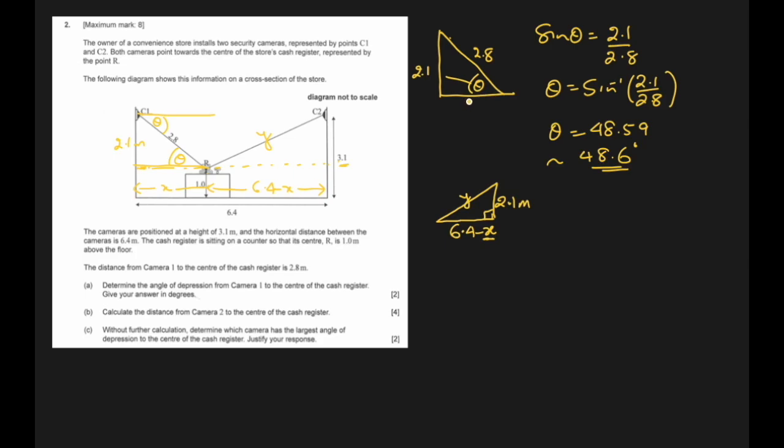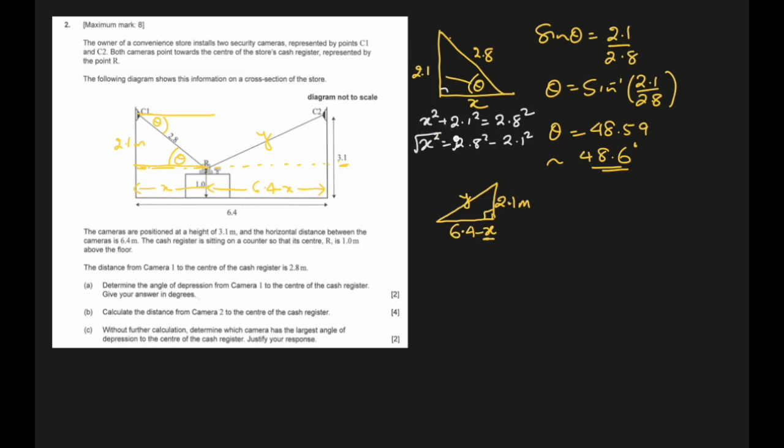So this is x, right? In the previous diagram we drew, let's find x with the help of 2.1 and 2.8 using the Pythagorean theorem. So x squared plus 2.1 squared equals 2.8 squared, the hypotenuse squared. So x squared will be 2.8 squared minus 2.1 squared.